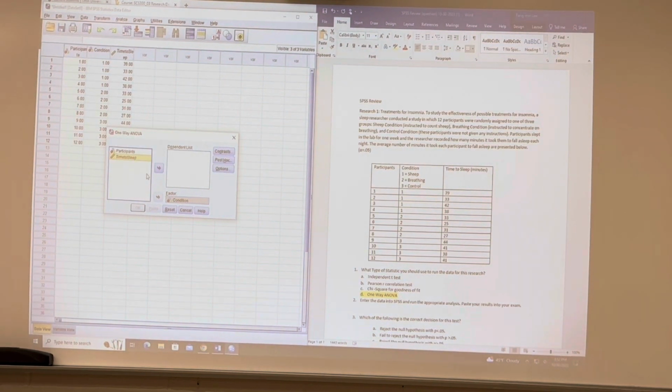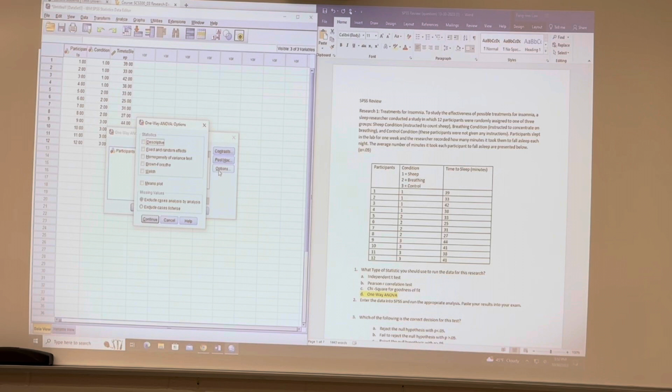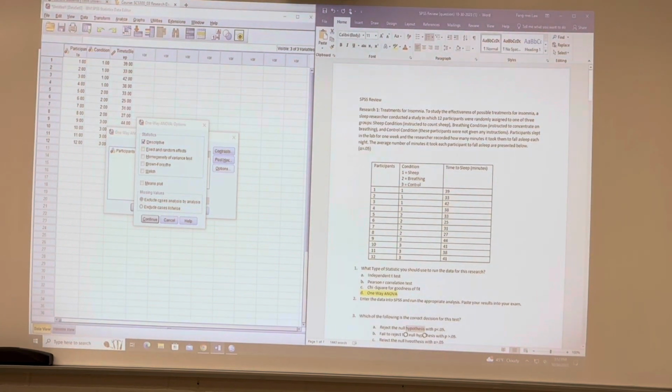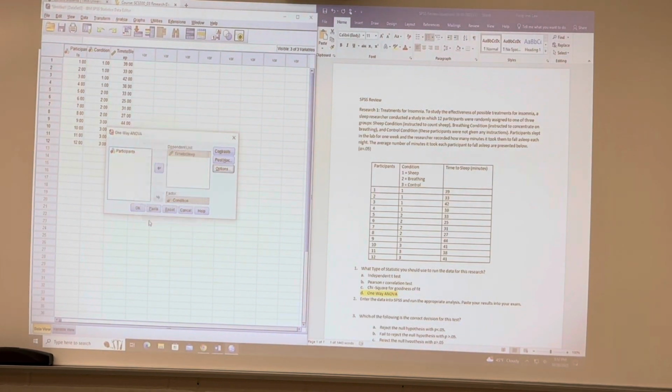Time to sleep is the dependent list. And you have to go to Options because you need to ask for descriptives. When you put the output in this worksheet, I want to see that descriptive table. Don't worry about post hoc yet because you don't know if you need that. So you can just say okay.